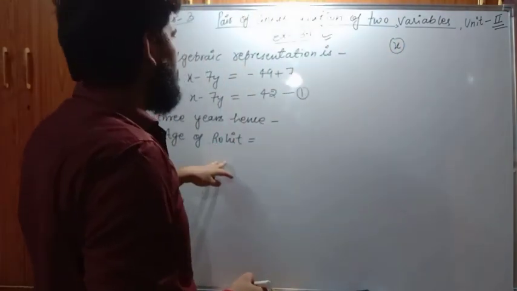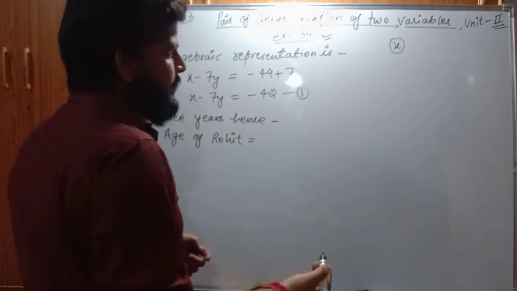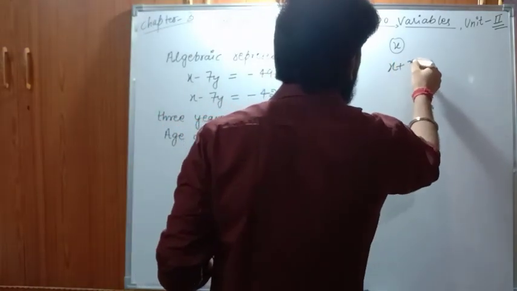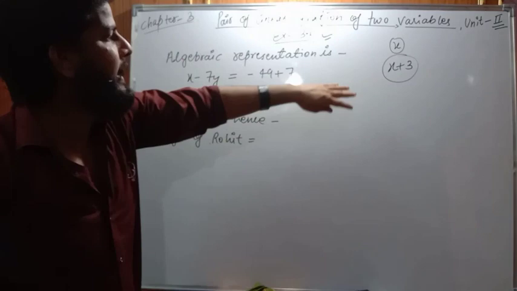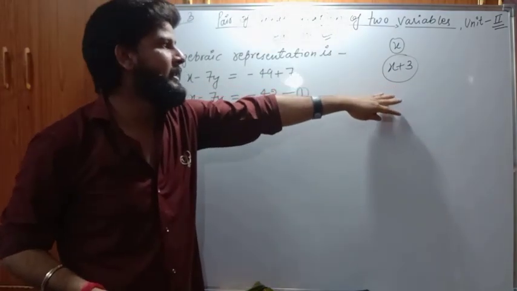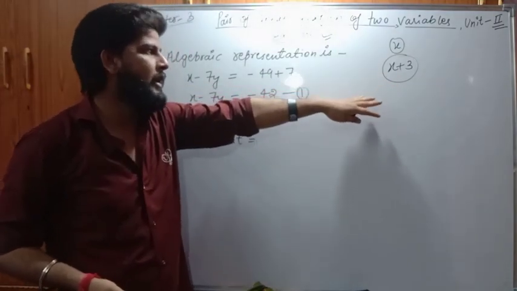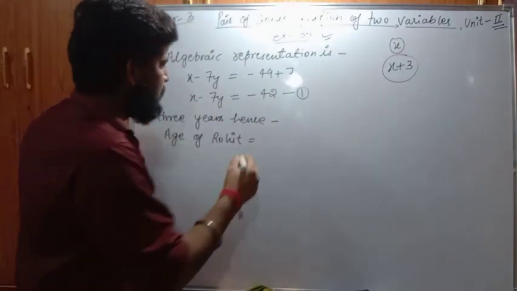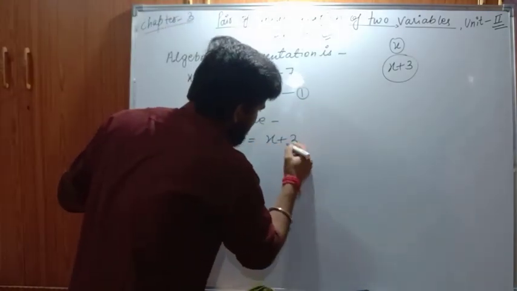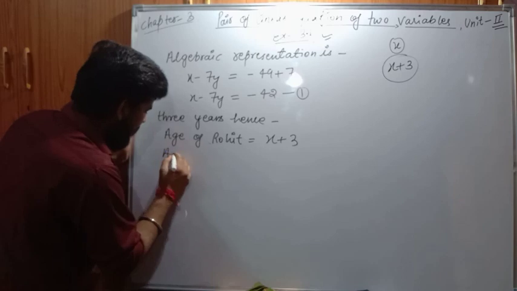So after 3 years what will be the age of Rohit? x plus 3. If we add 3 to the present age, we get the age of Rohit after 3 years. So x plus 3. Same for the age of his daughter.